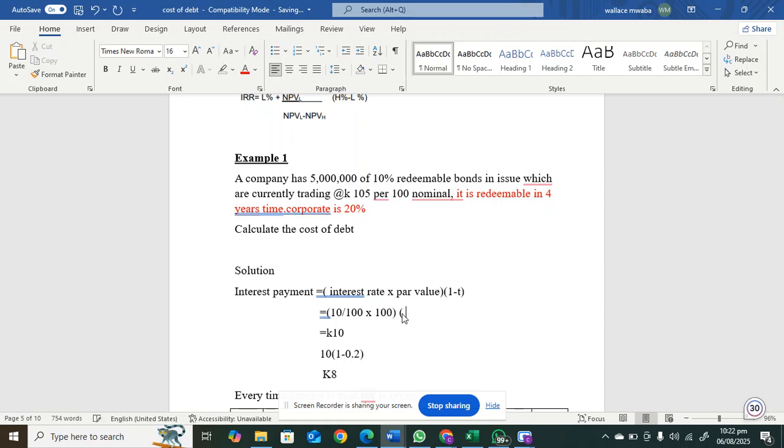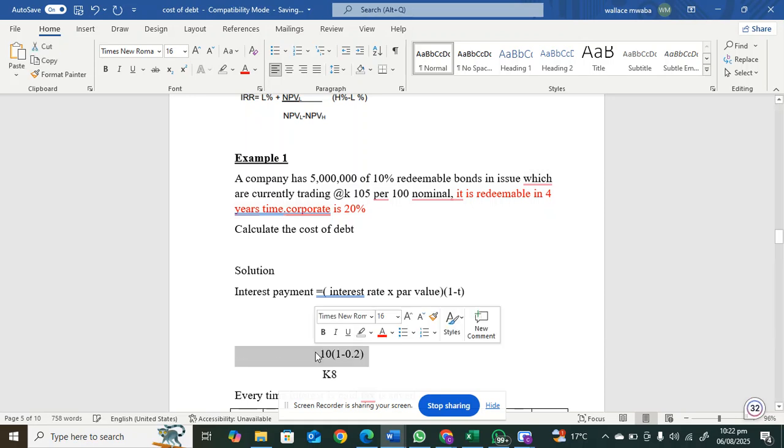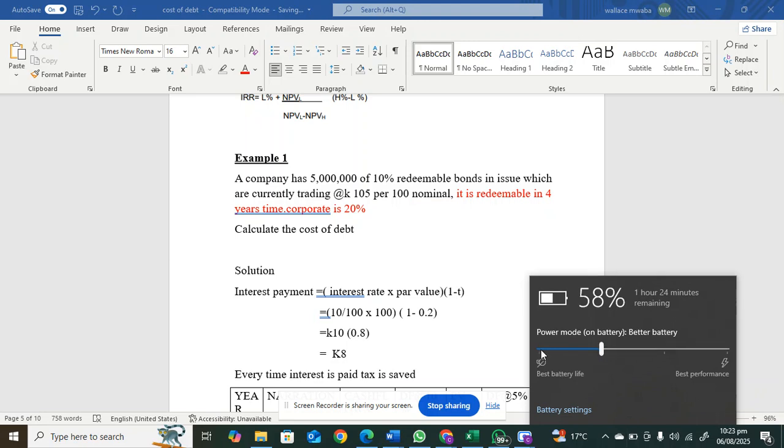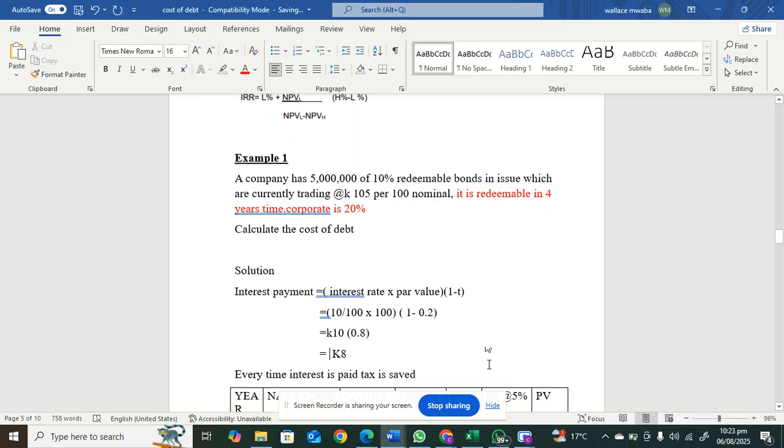So here, 1 minus 0.2. 10% of 100 kwacha is 10 kwacha. 1 minus 0.2 is 0.8. So 10 times 0.8, that is 8 kwacha. So that's the after-tax interest payment. Any questions?